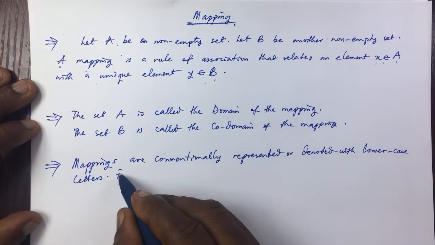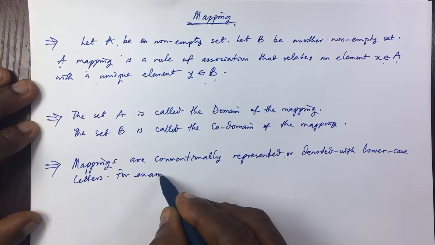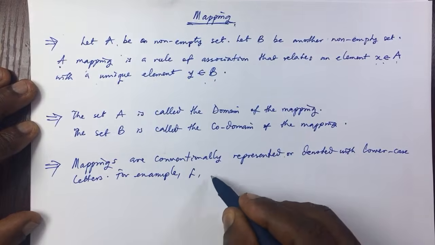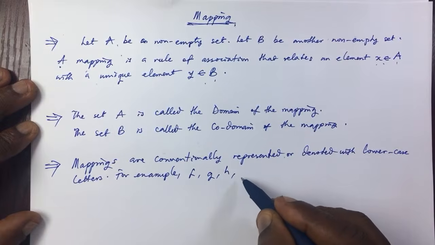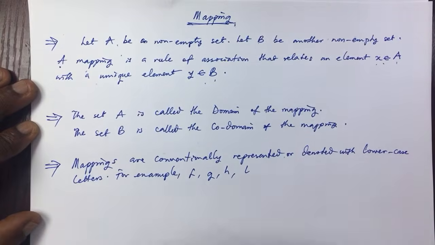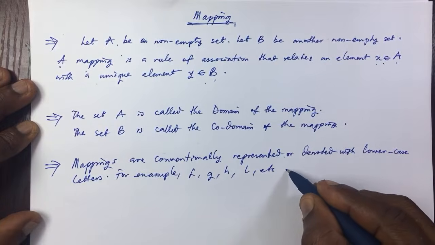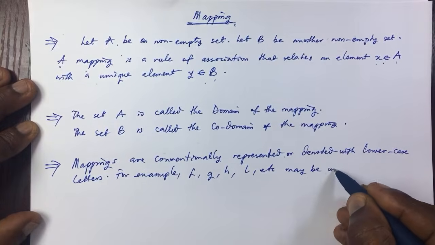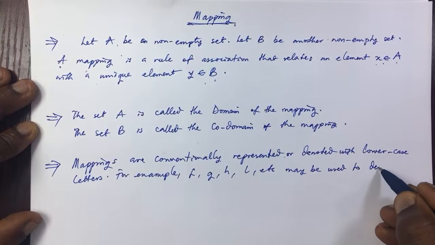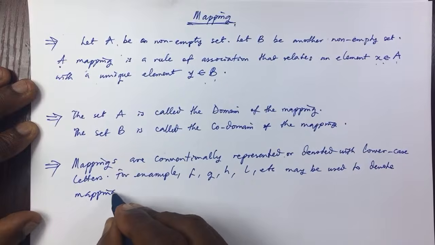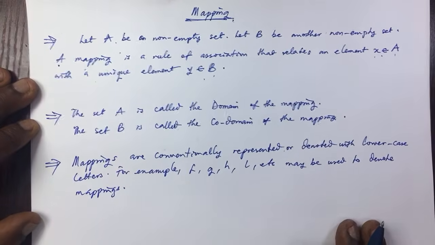For example, in this case, f, g, h, even l, small letter l, etc., may be used to denote mappings. Okay? And I'm going to show you how that is done.